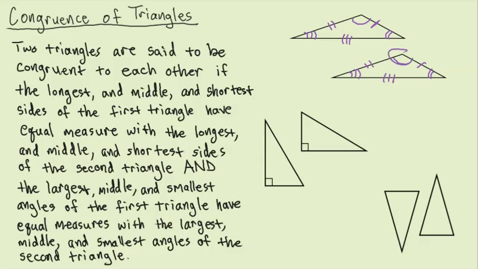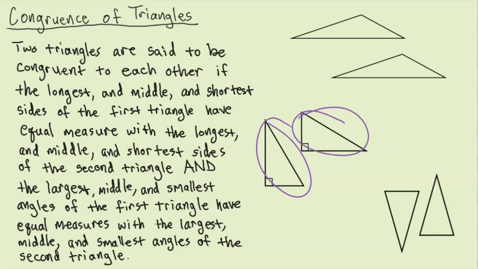So all three of these angles are the same measures as all three of these angles, and all three sides are the same measures as all three sides of the other triangle. If that is true, then that is the definition of what it means for these two triangles to be congruent. And so now if this triangle is congruent to this triangle, then its longest side here would be congruent to the longest side over here.